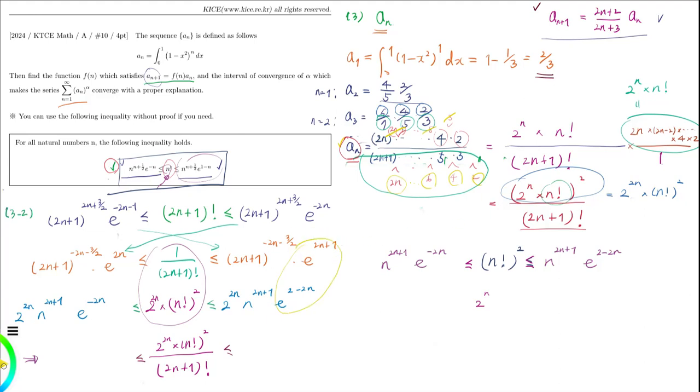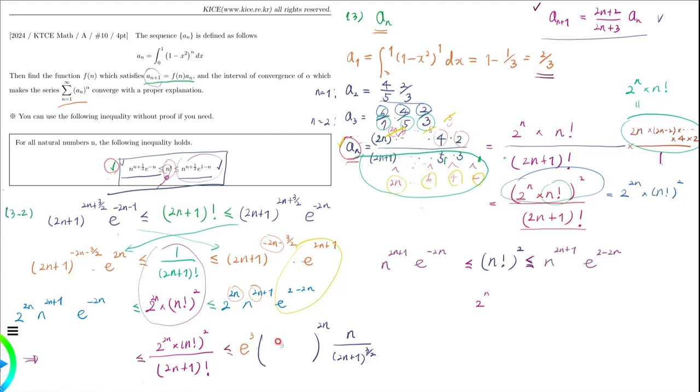So this part will give us e cube, and when we factor out its 2n power, then it's some quantity to the 2n, and what's left is n over 2n plus 1 to the 3/2 power.